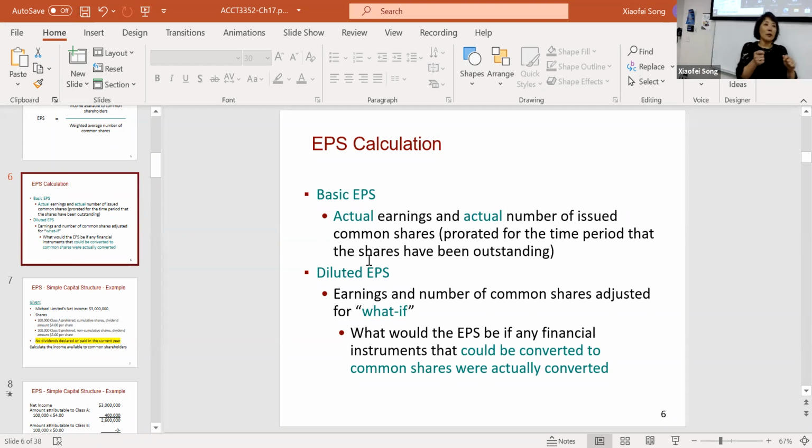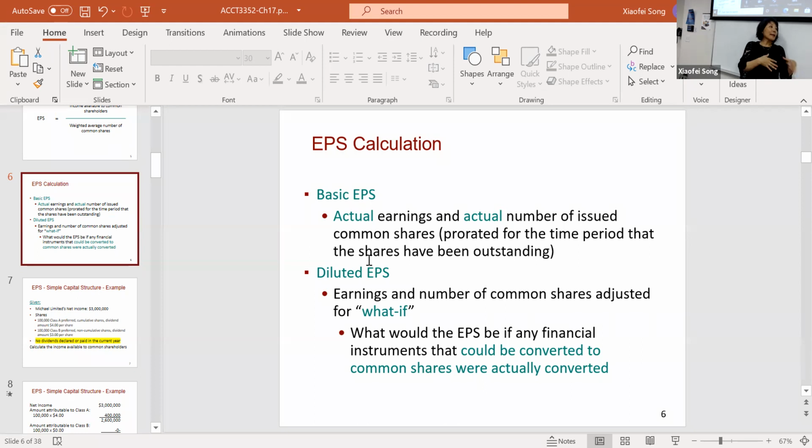The difference is that sometimes there are securities that represent potential shares, for instance convertible debt, convertible preferred shares, stock options, and warrants. These are securities that give the holders rights, and if they decide to use those rights, the company will have to issue more shares.